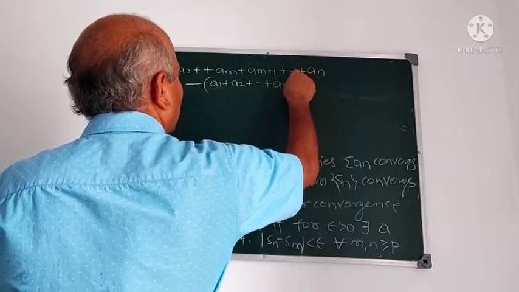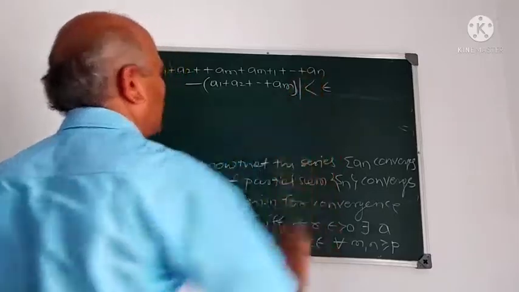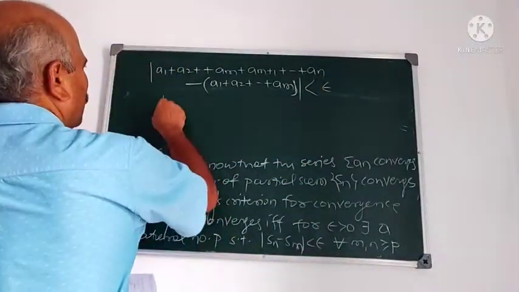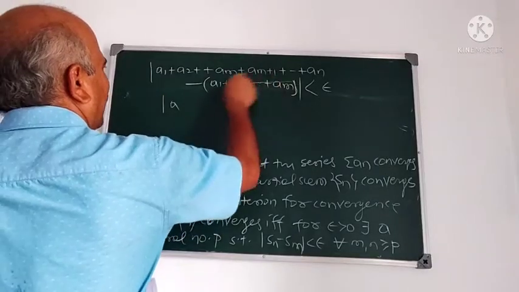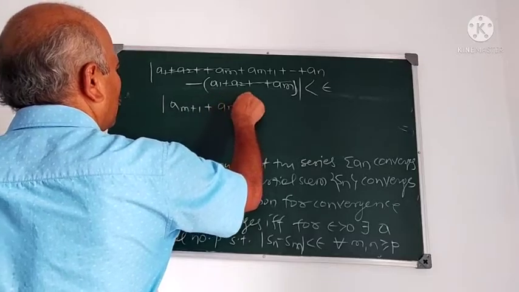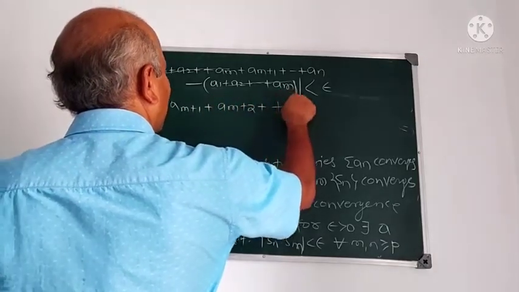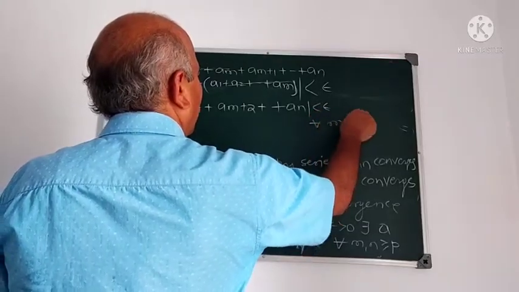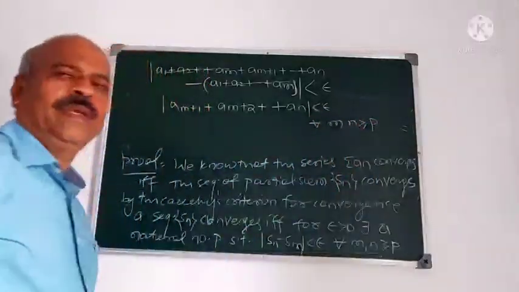It is less than epsilon for all m, n greater than or equal to p. Therefore, everything up to am cancels. We get mod of a(m+1) plus a(m+2) plus etc. plus an is less than epsilon for all m, n greater than or equal to p.